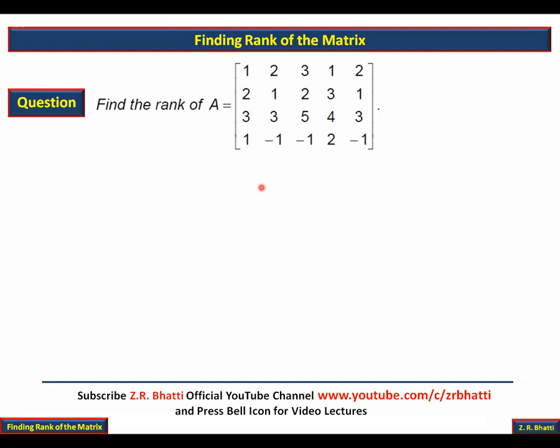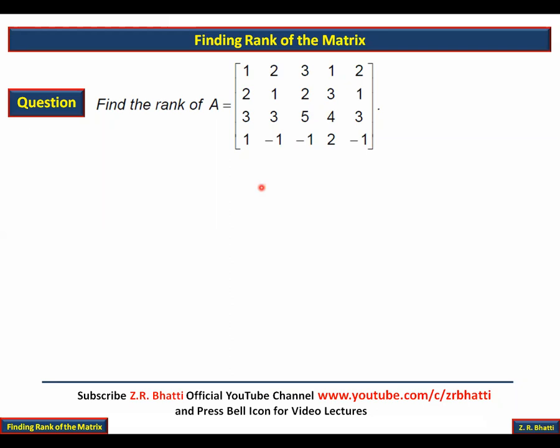As you know, the rank of the matrix is basically the number of non-zero rows of the echelon form. In other words, to find the rank of this matrix A, we have to convert it into echelon form, and then count the number of non-zero rows.